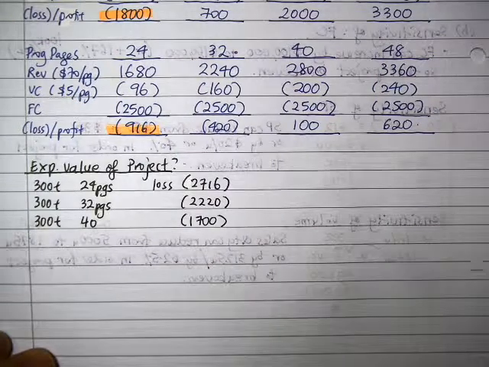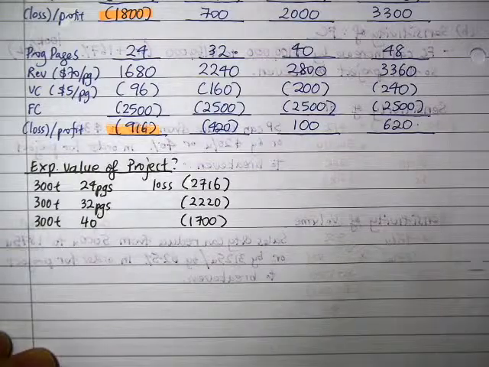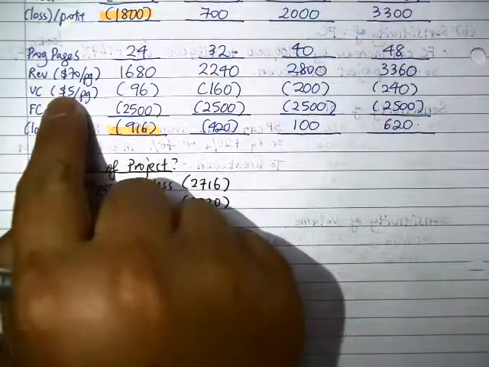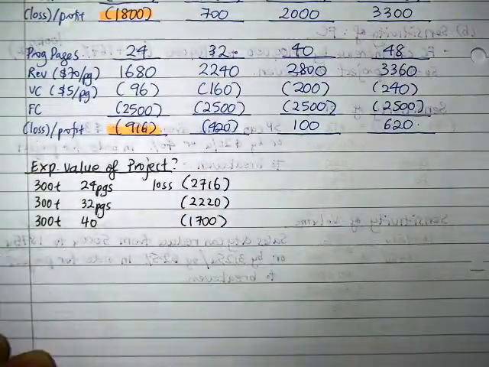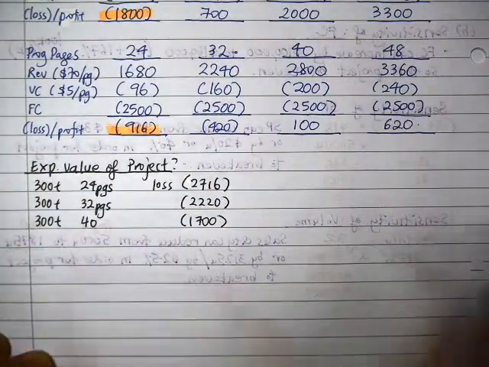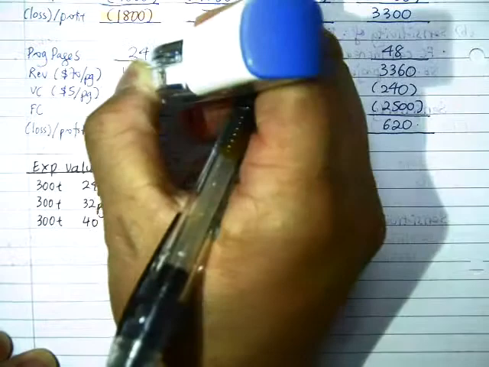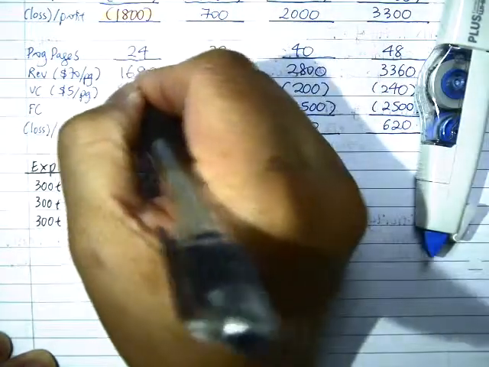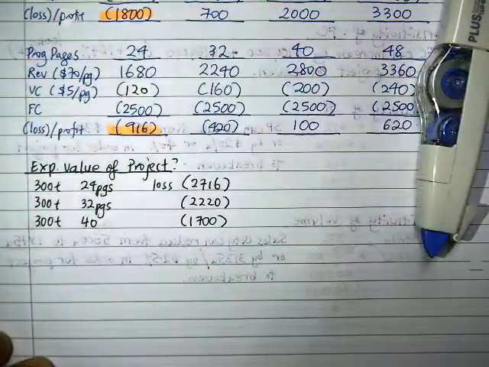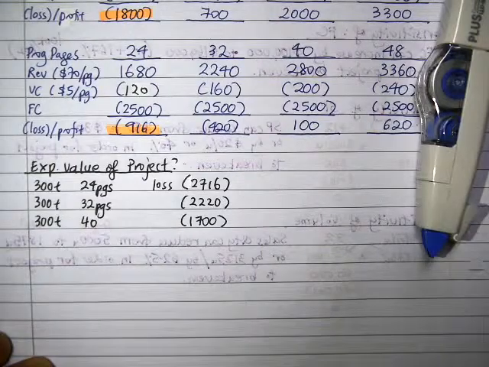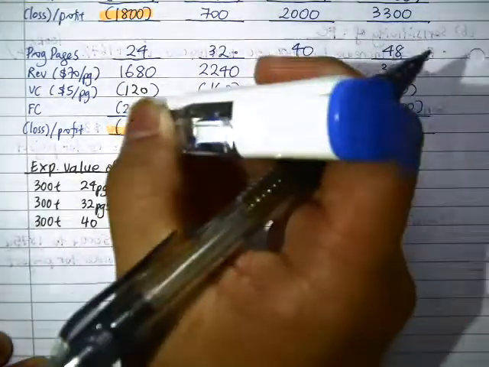Sorry, 5 times 24 is not 96, it's 120, so it's 940.